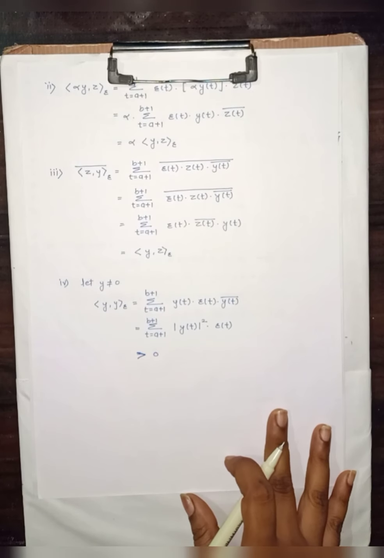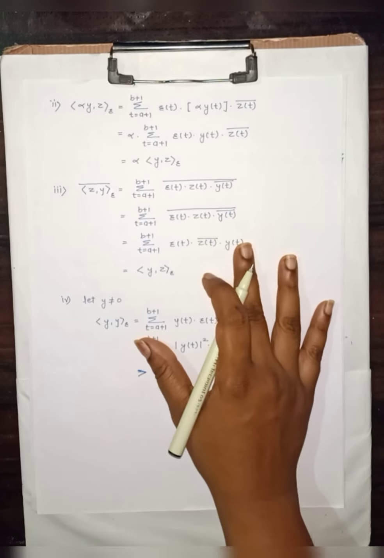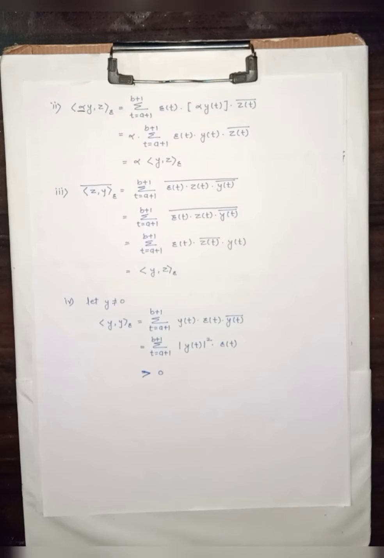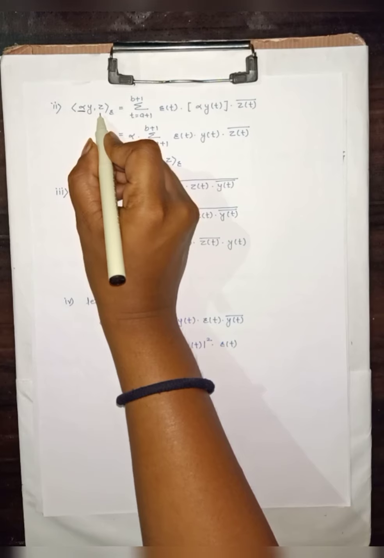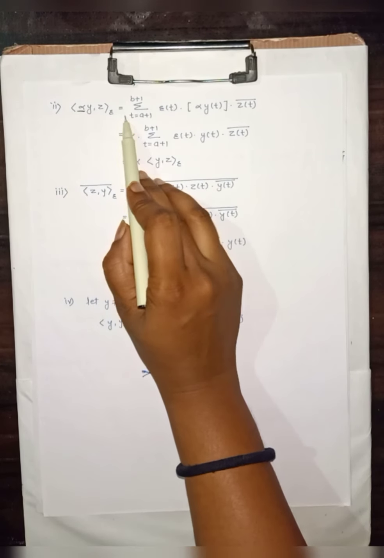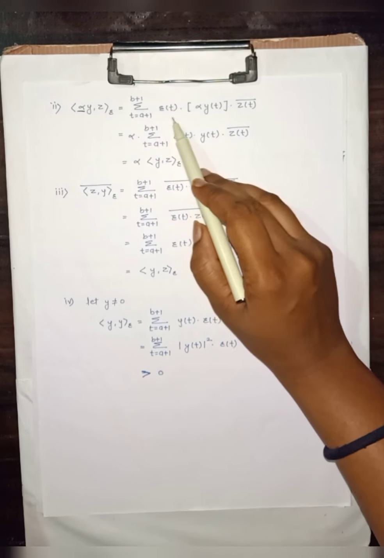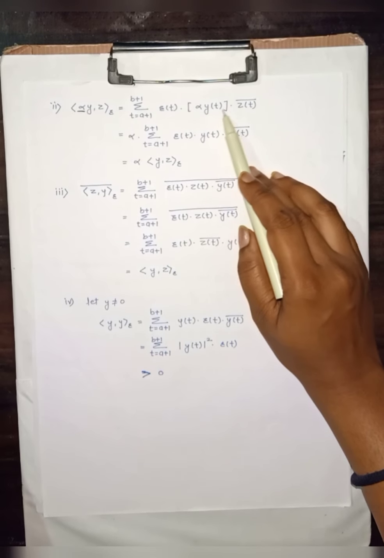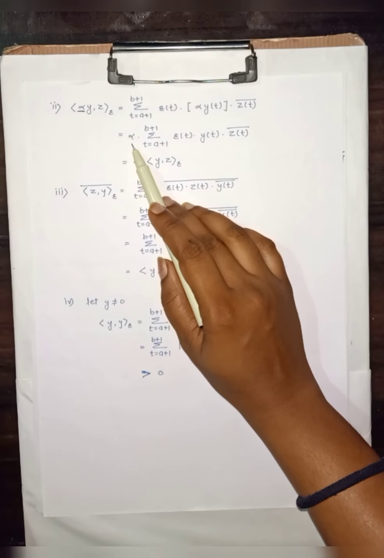So next property is similarly like the first theorem, alpha as the constant. So we will prove the inner product of alpha y with z with respect to weight function r, that is equals to summation from t equals a plus 1 to b plus 1 of r of t into bracket alpha of y of t into conjugate of z of t, that is equals to alpha.